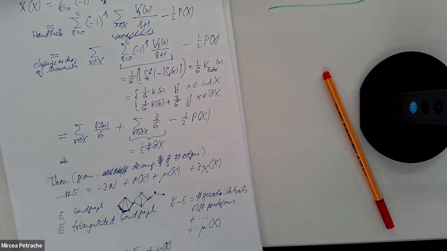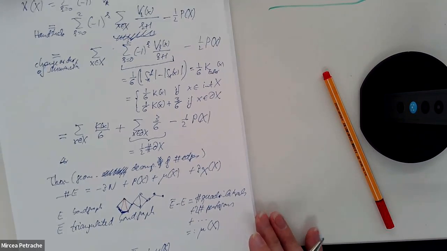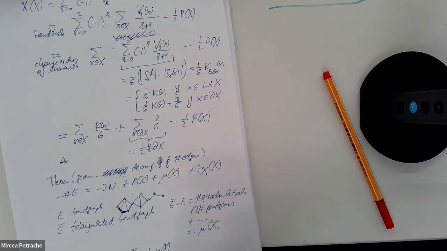Defects are faces that are not triangles in my picture here. And then the next thing is the total number of edges, which is the same as my V1 in the notation above, so the total number of edges of the regular graph.